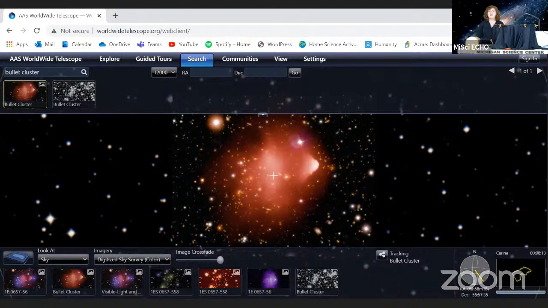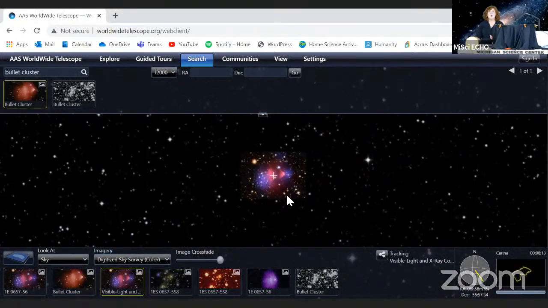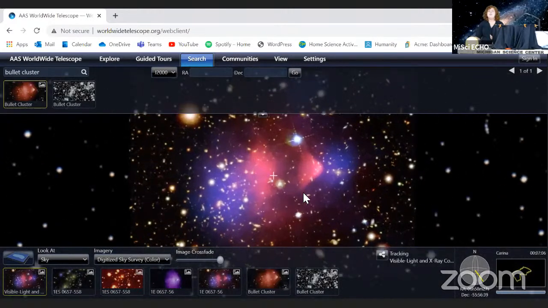When we looked at this area using visible light and X-ray light, we actually found that even though the matter, the stuff that we could see, was centered right here, our mass was actually centered around these blue spots right here. So when we were taking a look at this, scientists kind of went, whoa, this is weird. This is something we didn't expect.